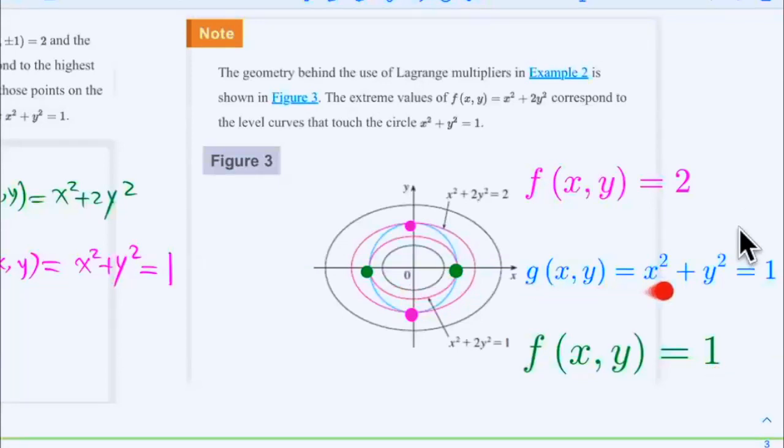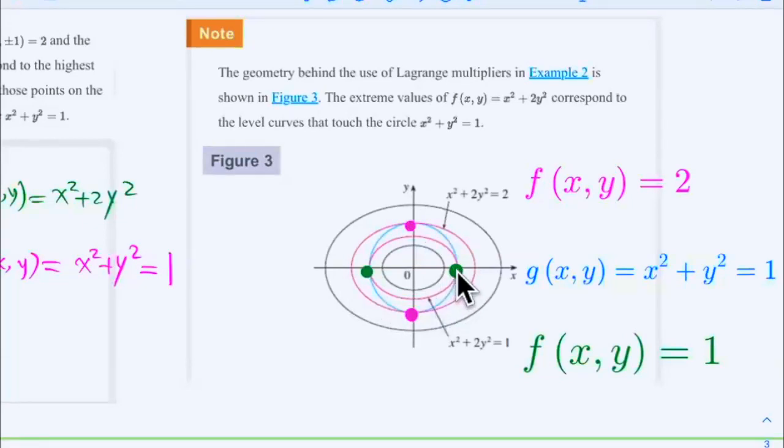We have this constraint function, x squared plus y squared equal 1, and that is this blue curve over here. And where do they intersect? Here, here, here, and here, right? Those level curves intersect the blue constraint curve at these 4 points.